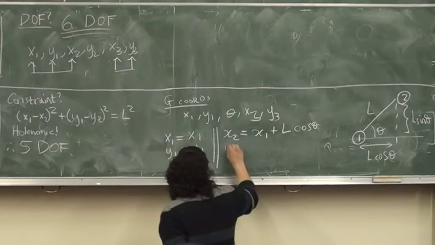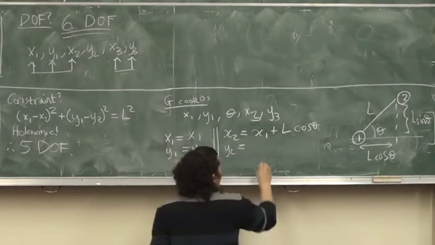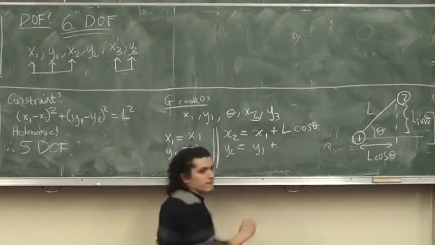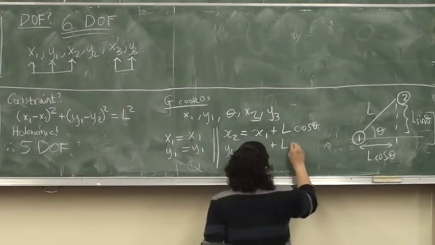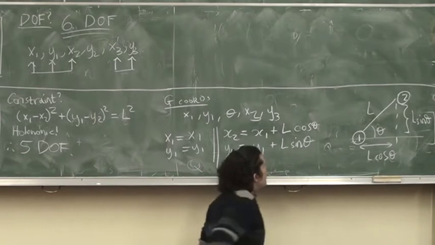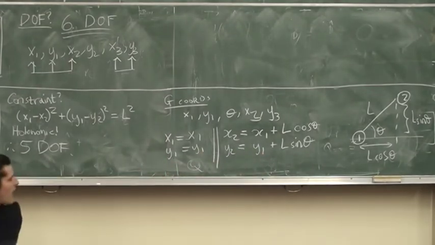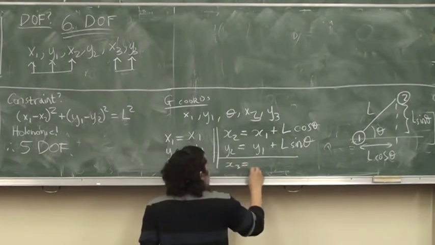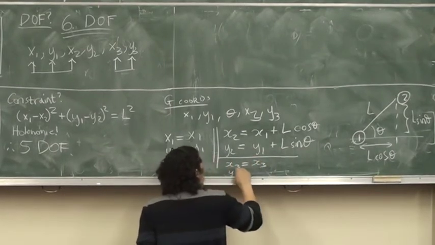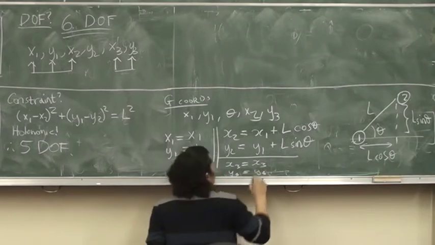So, what's y2 going to be? Correct. And finally, x3 and y3 are obvious. x3 is equal to x3, y3 is equal to y3.